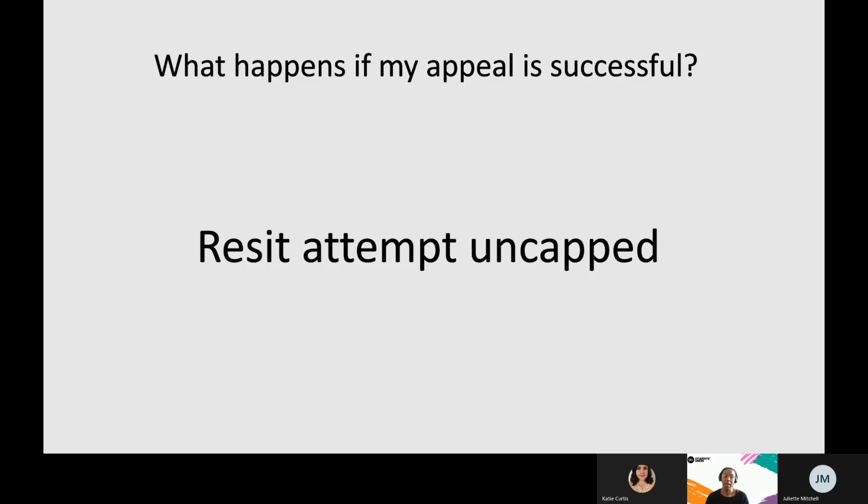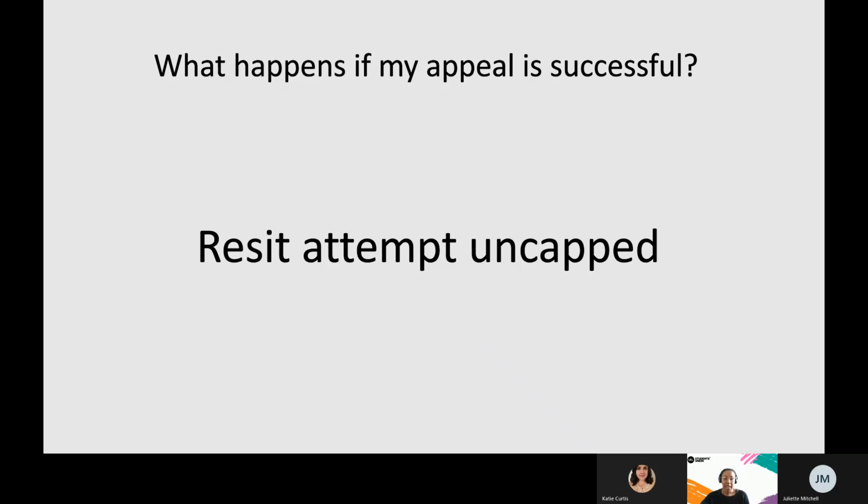However, if your appeal is successful and extenuation is applied, it does mean that your resit opportunity will be uncapped. So if you failed the initial attempt or were unable to submit the work by the deadline, you will be able to submit at the resit.